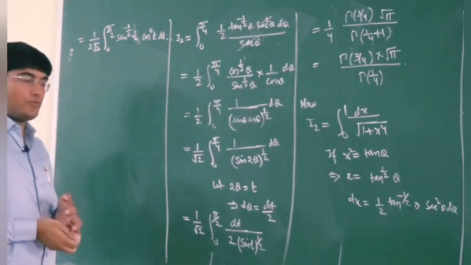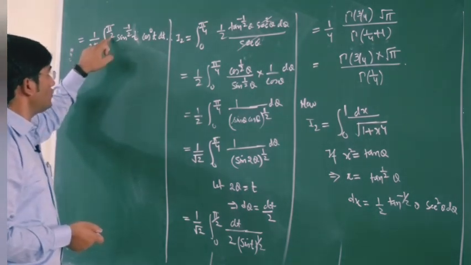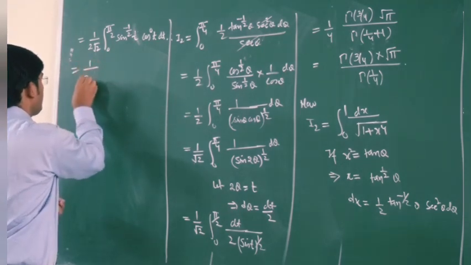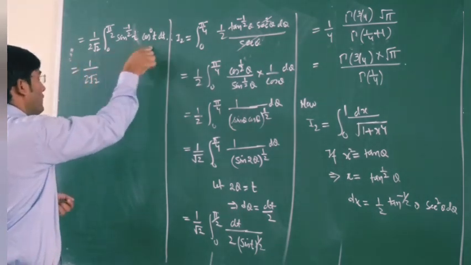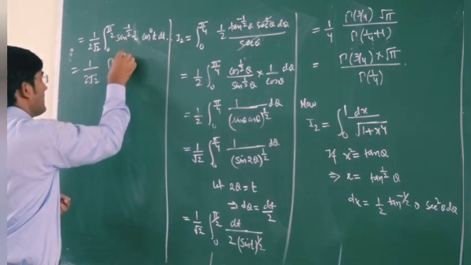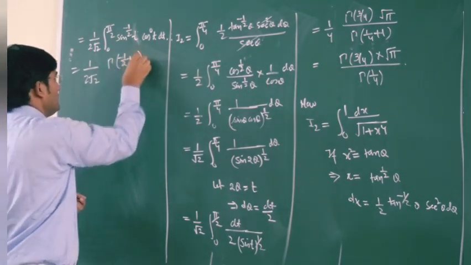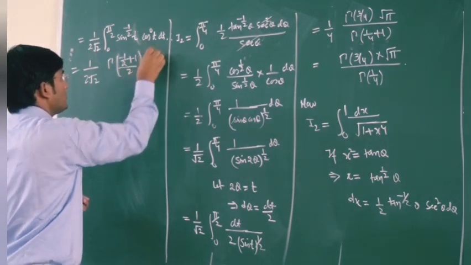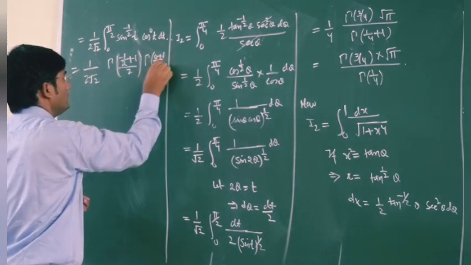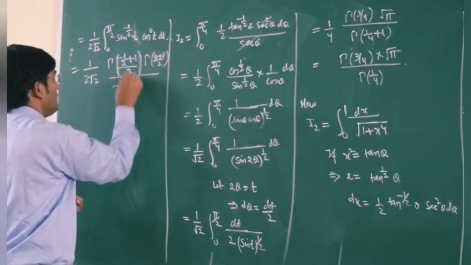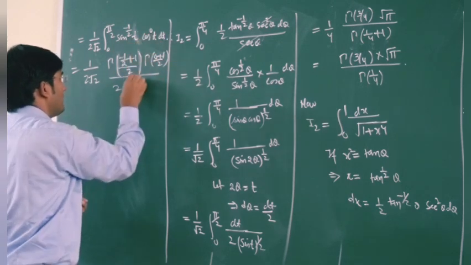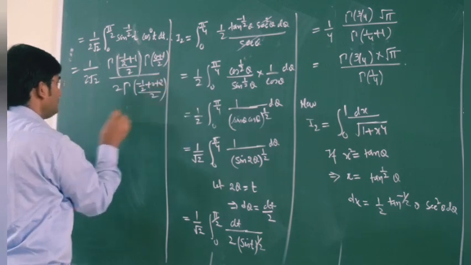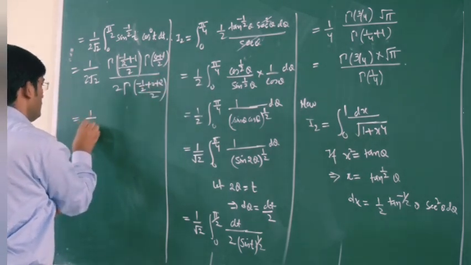Now we can use the formula for integral 0 to pi by 2 sine p theta cos q theta d theta, which was gamma of p plus 1 by 2, so we have gamma of minus 1 by 2 plus 1 by 2, then gamma of q plus 1 by 2, q is 0, so 0 plus 1 by 2, divided by 2 times gamma of p plus q plus 2 by 2. So we have minus half plus 0 plus 2, divided by 2. So from here we get 2 root 2.